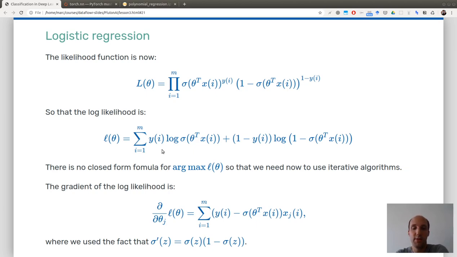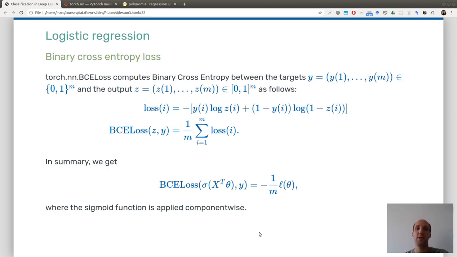You can follow exactly the same steps as in the linear regression. Compute the gradient of your new loss with respect to the parameter. This is given here. And then you will do either stochastic gradient descent or batch gradient descent to update the parameter. So the rest is completely the same as before.